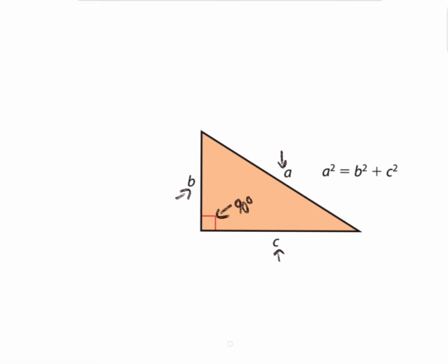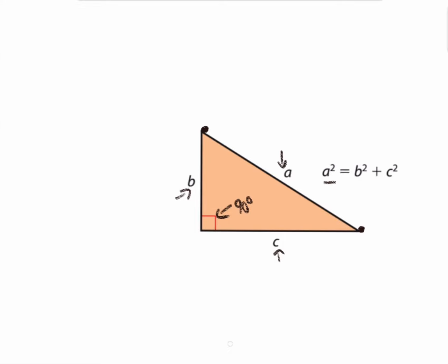But the rule of Pythagoras, okay, Pythagoras' theorem, is that if we have A and we square it, which means we multiply it by itself, we did that on Monday, and we put an equal sign, and we have B squared and C squared. So if we have A squared, that's the length of this side, the distance from here to here.